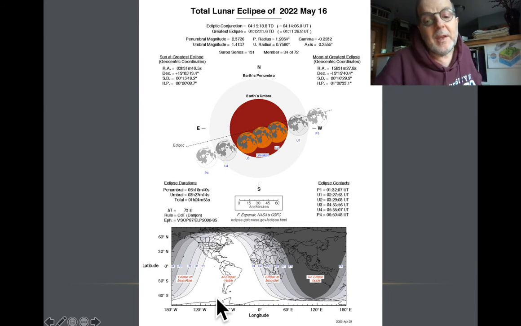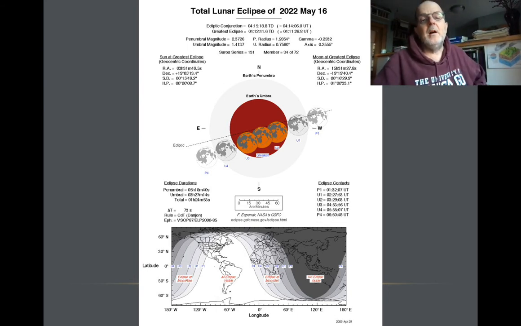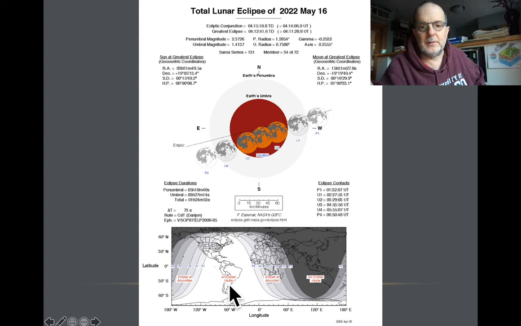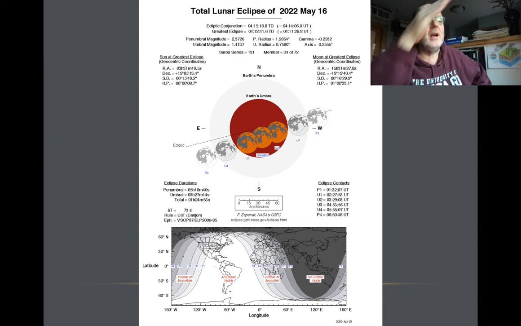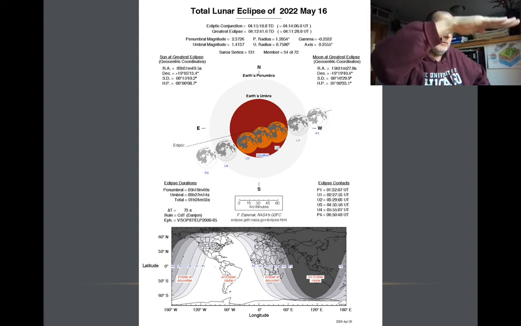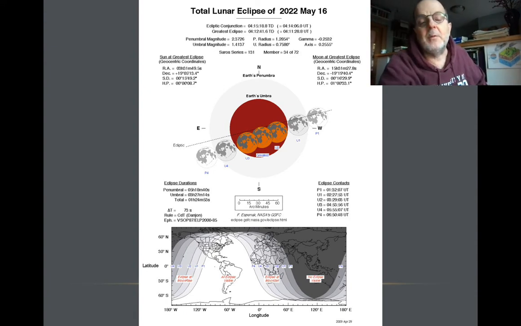And one of the things that makes lunar eclipse more accessible is because everyone in this whole area down here sees the same thing. You get the same experience. The moon is just either higher or lower in relation to the horizon. Whereas with a solar eclipse, totality, if we remember, is only a narrow band of the Earth's surface.